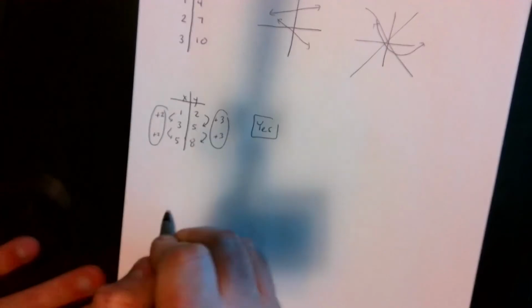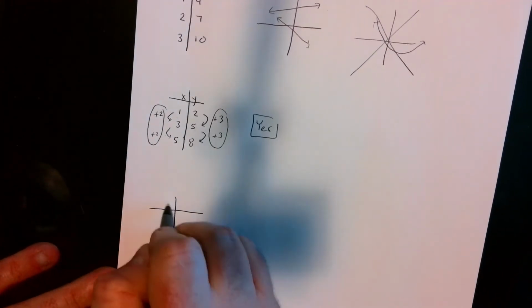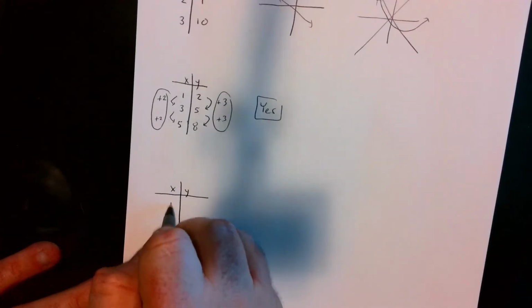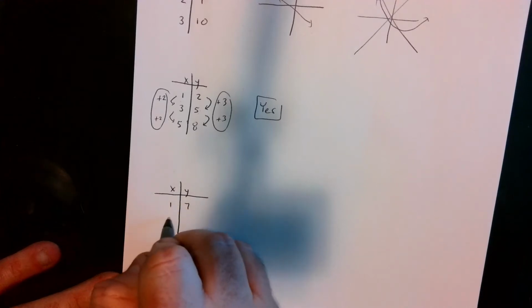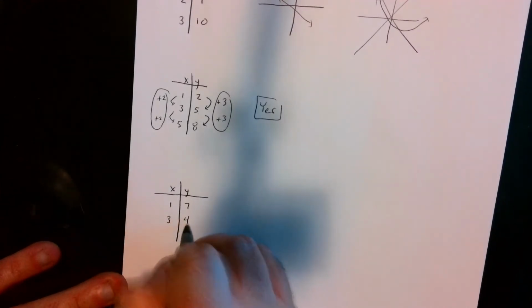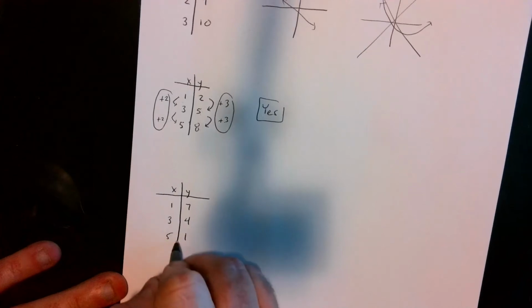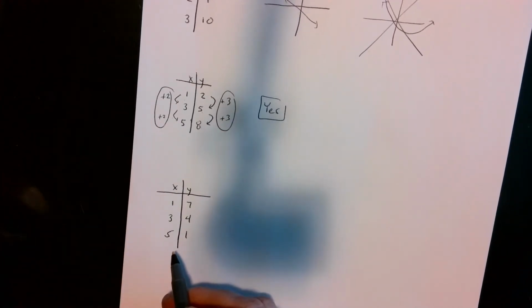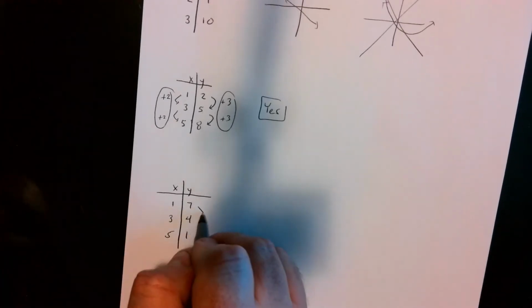Okay? So let's look at some more examples out of tables. We want to know, is this a linear function? If I look on this side, do we have a constant change always happening?